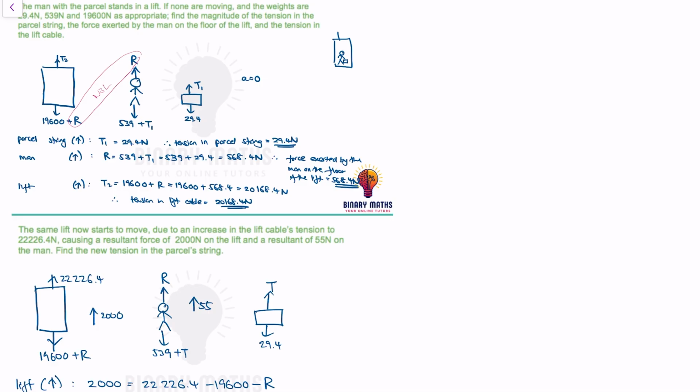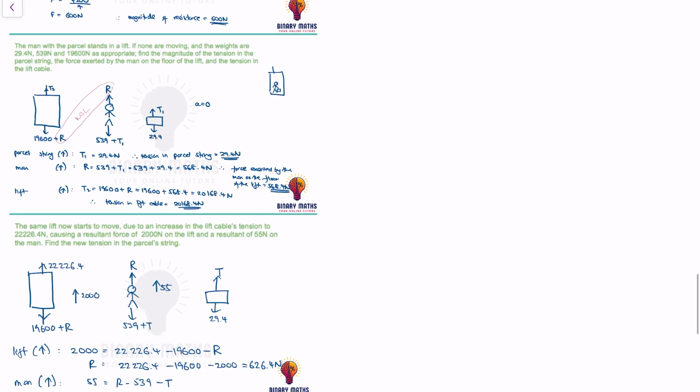So now that we've worked out what R is, we can look at the man and resolve the forces vertically. Then we know 55 newtons, which is the resultant force, must be equal to the forces acting up, which is R, take away 539, which is the force acting down, take away T. Which means 55 must be equal to 626.4, take away 539, take away T, because we know R is equal to 626.4.